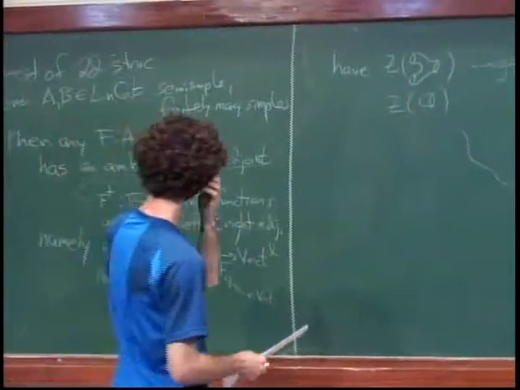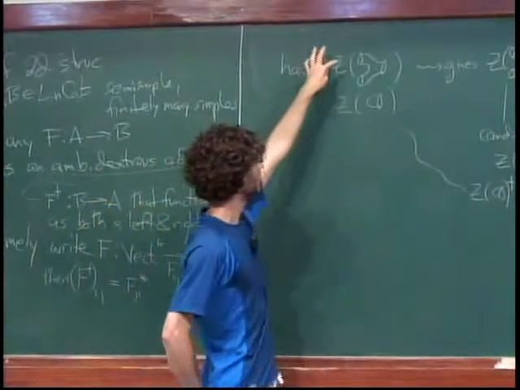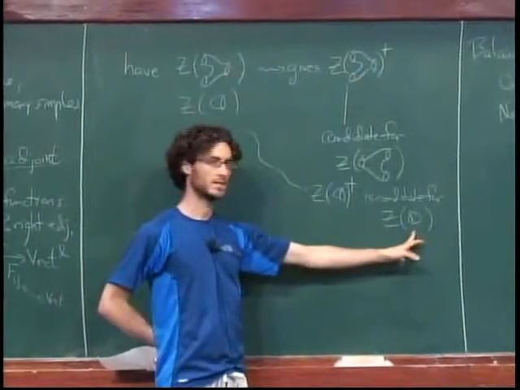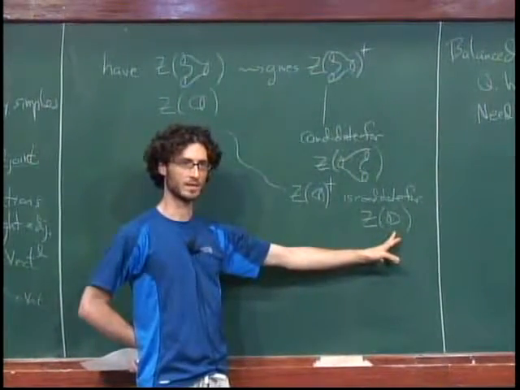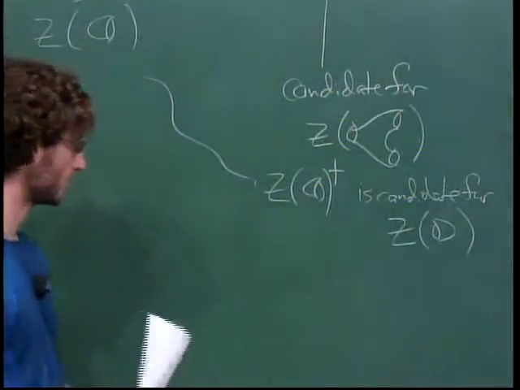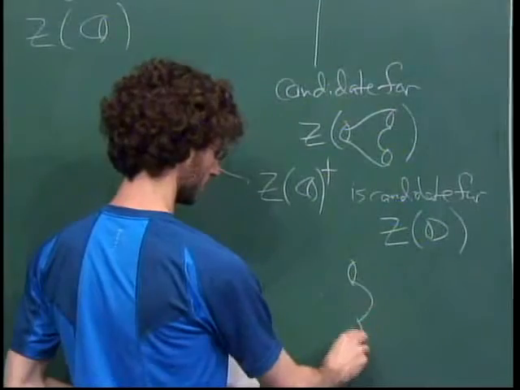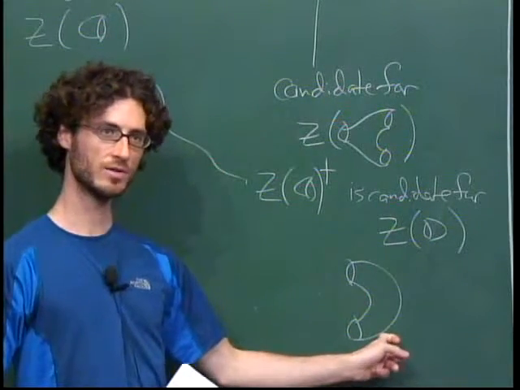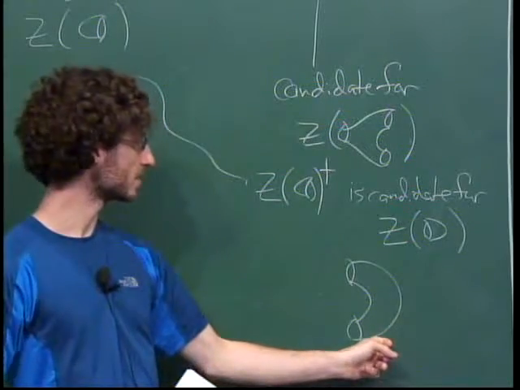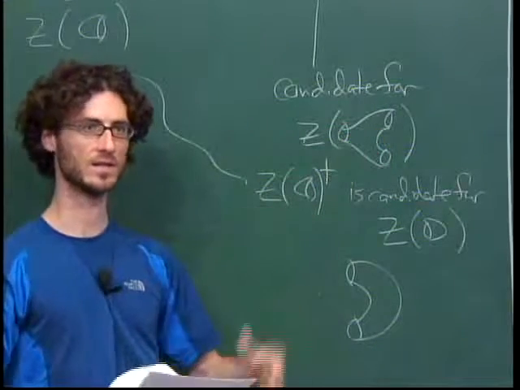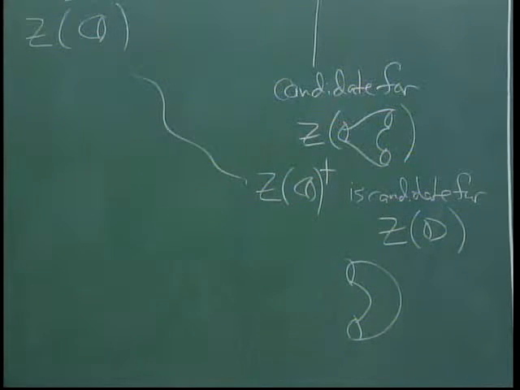So you could tell the same story a different way, which would be to take the coproduct. You somehow need to pin down what this map is if you want to say it that way. Then you have a pairing like this, and you check that the pairing is non-degenerate, and by the same Frobenius argument, that forces the existence of this map. So it is one side. Exactly. Yeah.